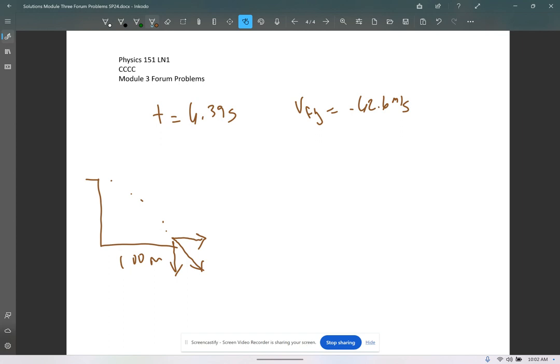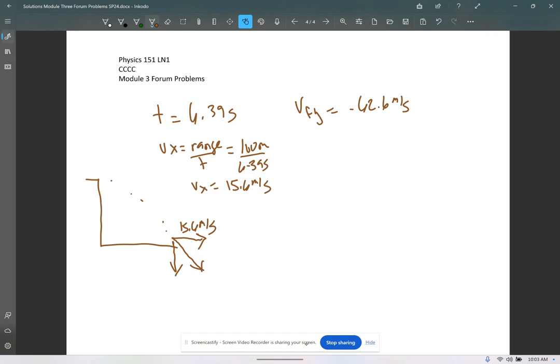We know the y component is negative 62.6. Vx is going to be the range divided by the time, and it went 100 meters in 6.39 seconds. So it has a Vx of 15.6 meters per second.